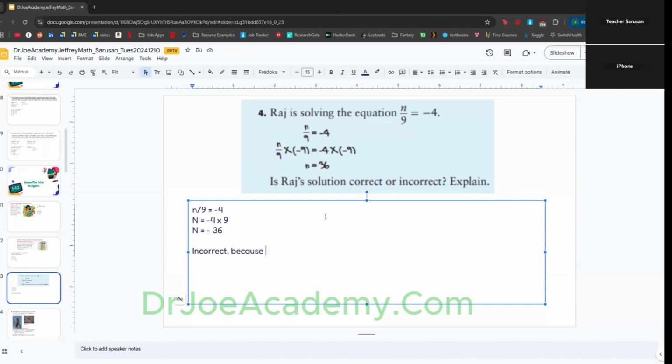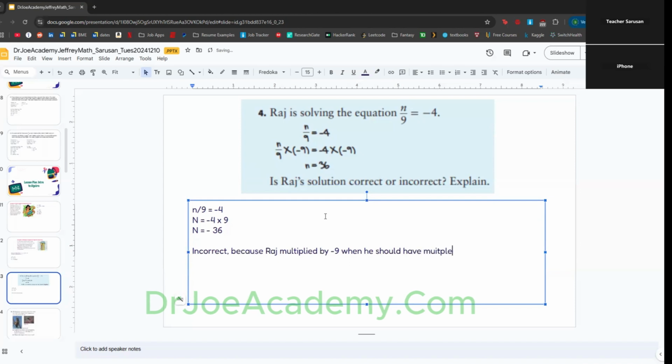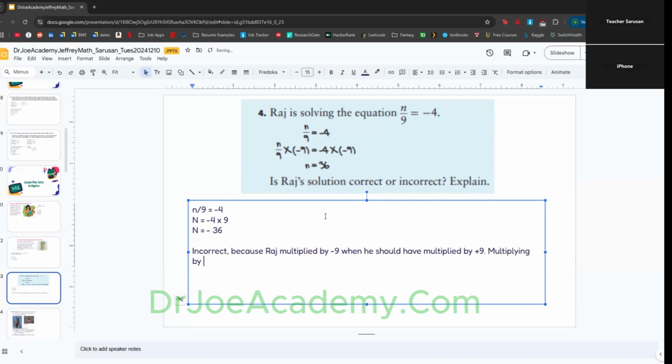Oh. So incorrect because Raj multiplied by -9 when he should have multiplied by, I'm just going to put the positive sign, +9. So multiplying by +9 is necessary to cancel out the divided by 9 in n divided by 9.